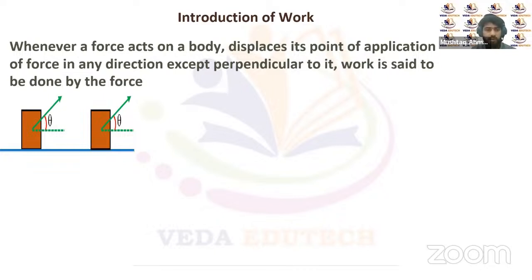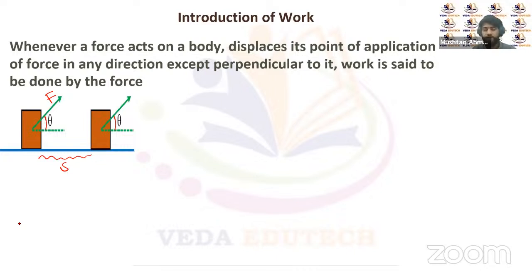You can see in this picture, if this is an object and we apply a force F at an angle theta with respect to the horizontal, and this force F displaces this object by a displacement S, then we say that work has been done. So work is done only when a force applied to an object displaces it.